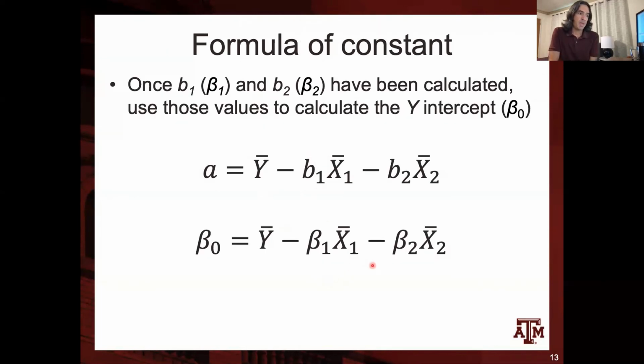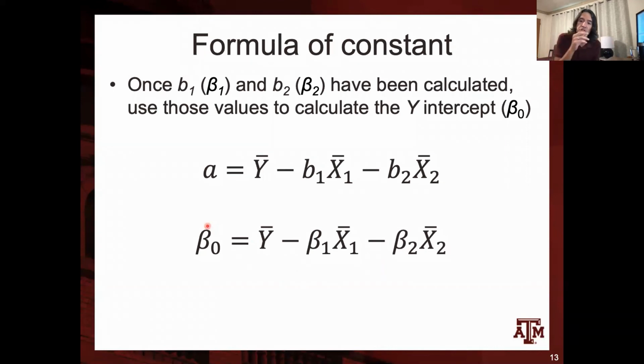Now I can just get the mean value of x2, the mean value of x1, and the mean value of y to estimate the constant. I get the mean of each of the three variables, multiply by the coefficients, and I get beta 0. Okay?